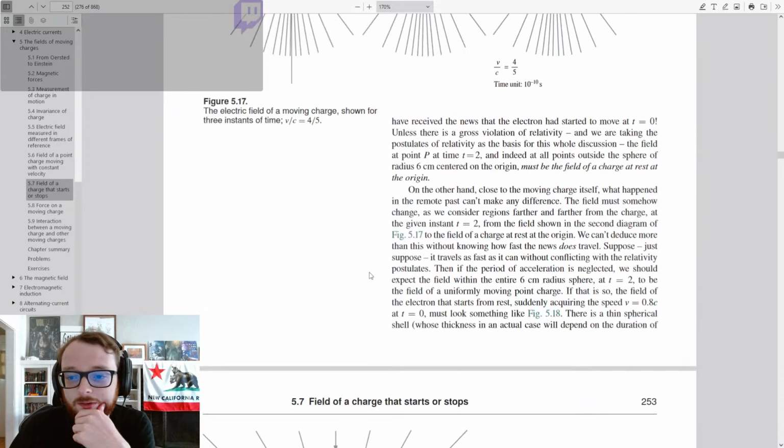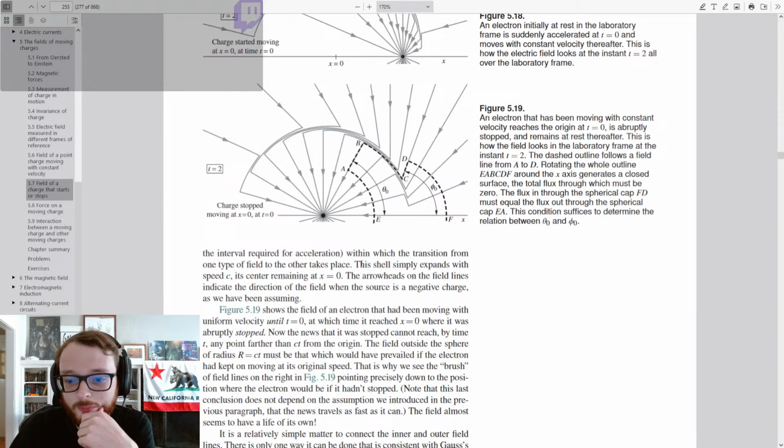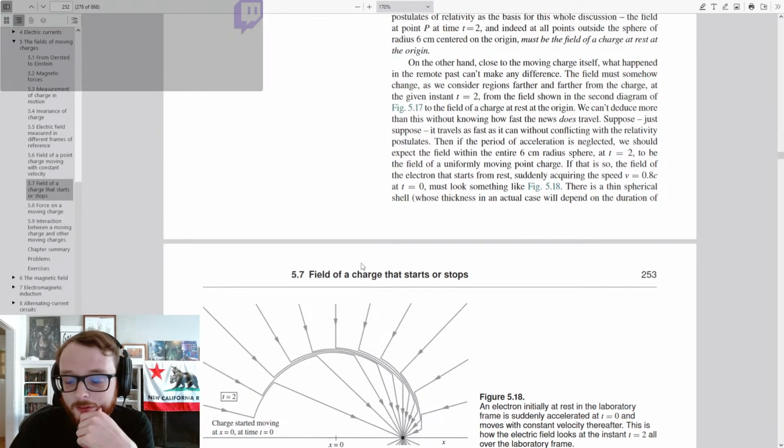Yeah. When it's moving, the field lines kind of bunch up, I think, ahead of where the motion is. But I might be mixed up about the other way around, so I'm trying to figure out right now.